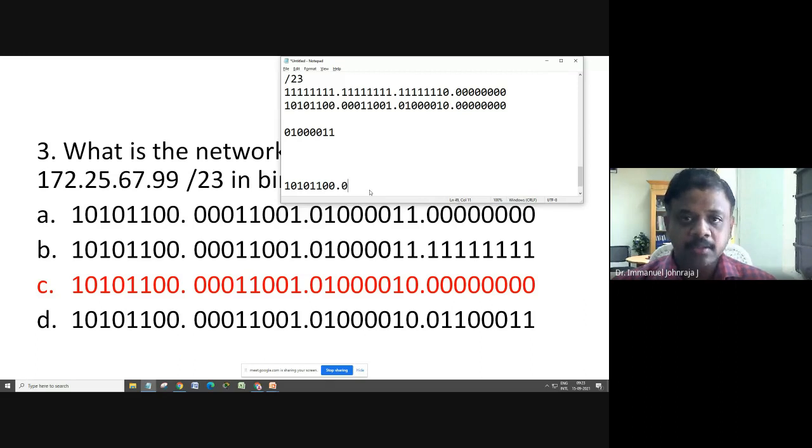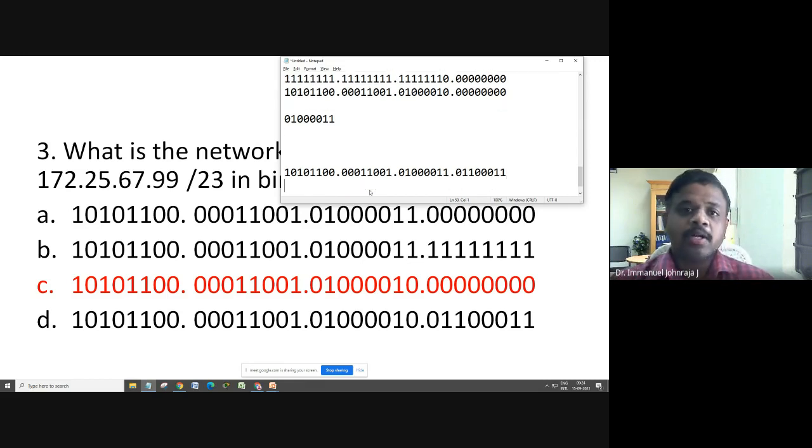Then 25 is 00011001, and 67 is 01000011. Then the last octet: 64 plus 32 is 96, then 16 is 0, 8 is 0, 4 is 0, then 1. So this is going to be 99. 64 plus 32 is 96, plus 1 is 97, plus 2 is 99.